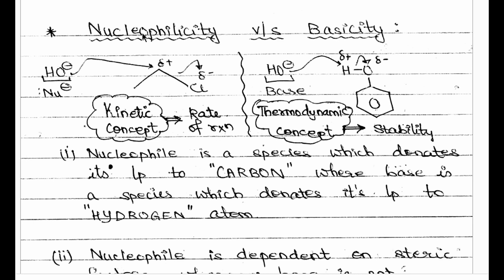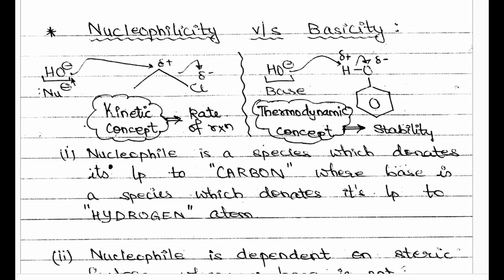But when we talk about a negatively charged species, for example OH-, it can act as a nucleophile, a base, or a ligand. We will talk about ligands in coordination compounds, but as of now, we are comparing a nucleophile and a base.